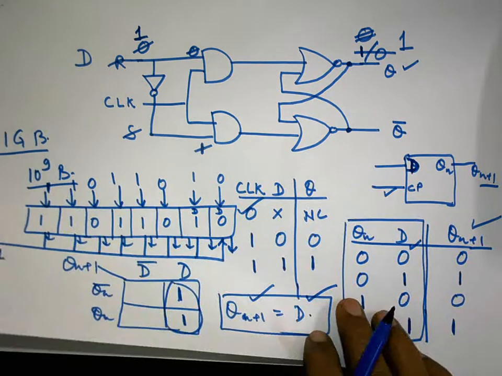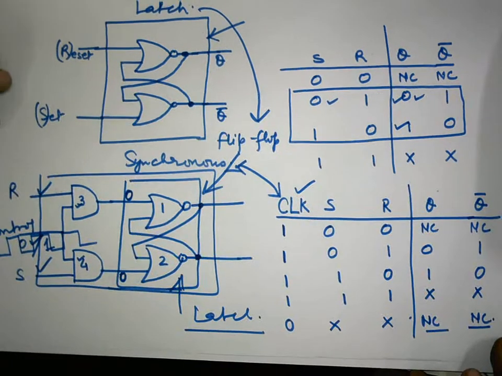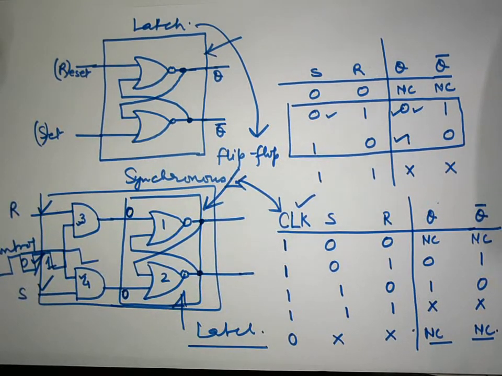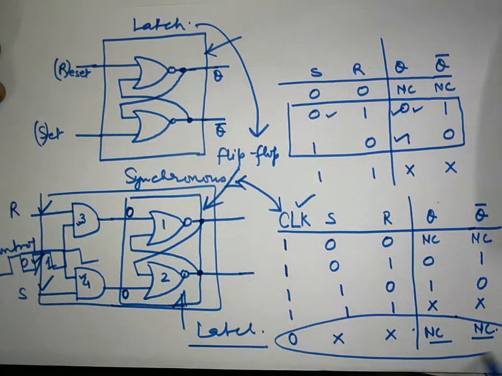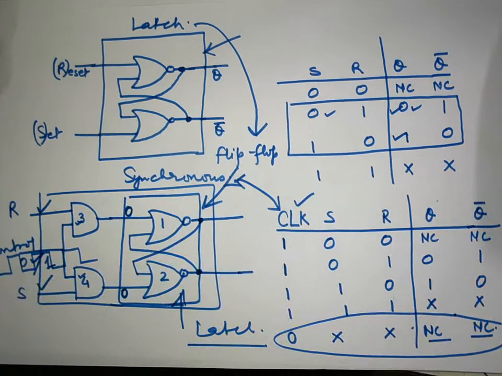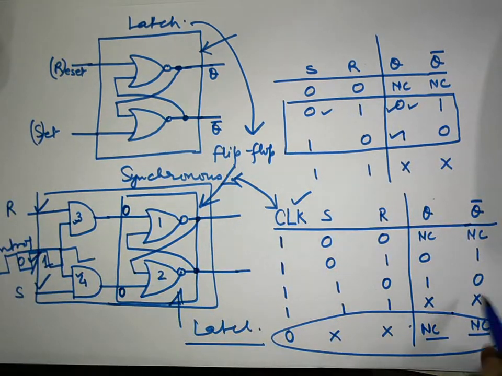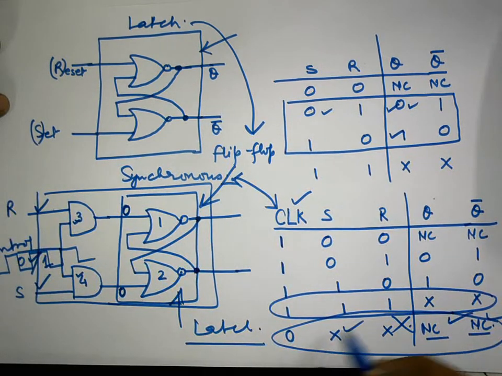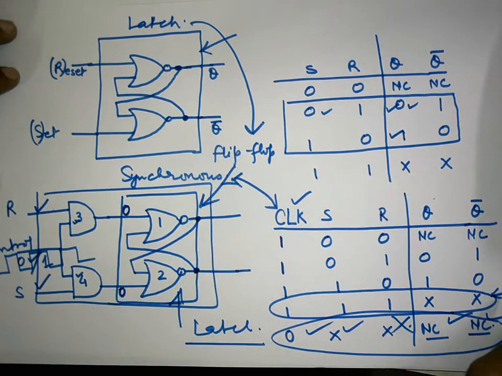Now we will do a little modification in this SR flip flop. And why do we do this little modification? This is done to get rid of this state, because this is giving us an undefined kind of situation.